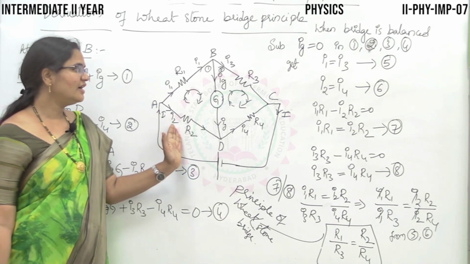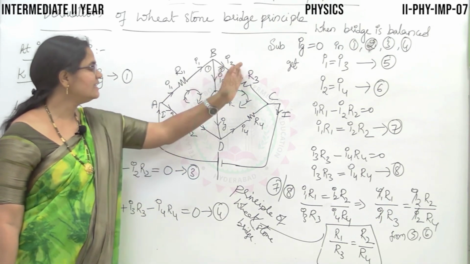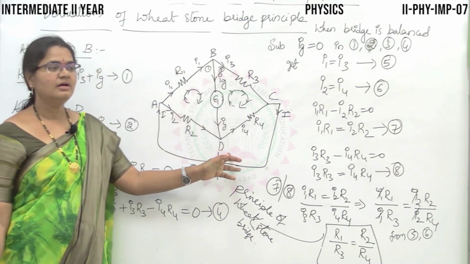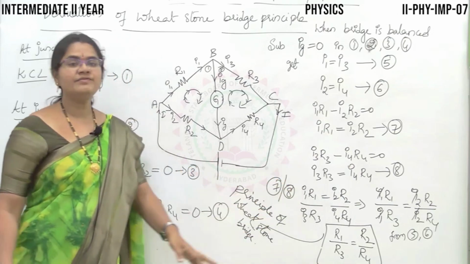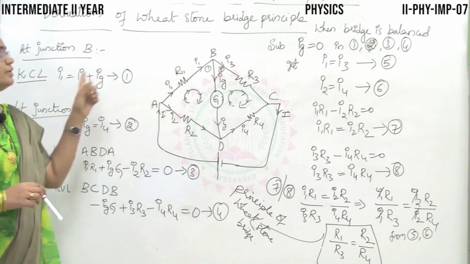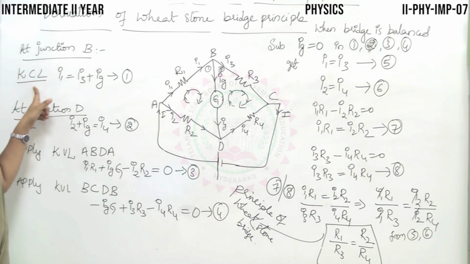Further, they are divided as I3 and I4 at junctions B and D. Altogether, finally, the outgoing current will be I. And now at B, we are going to apply KCL.